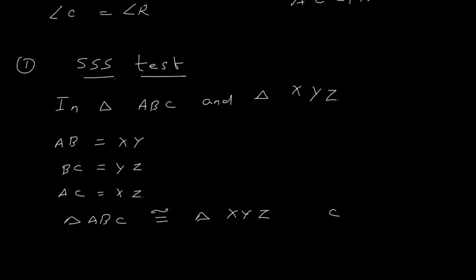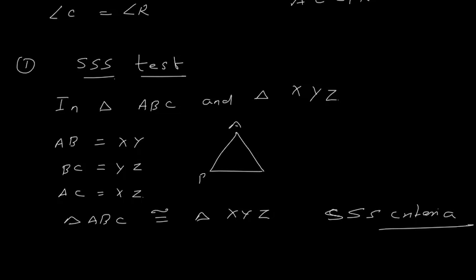And here the criterion is side, so it is the side criterion, right? So your triangle ABC, something like this, and your triangle XYZ. Your side AB equal to XY, your side BC equal to YZ, your side AC equal to XZ.